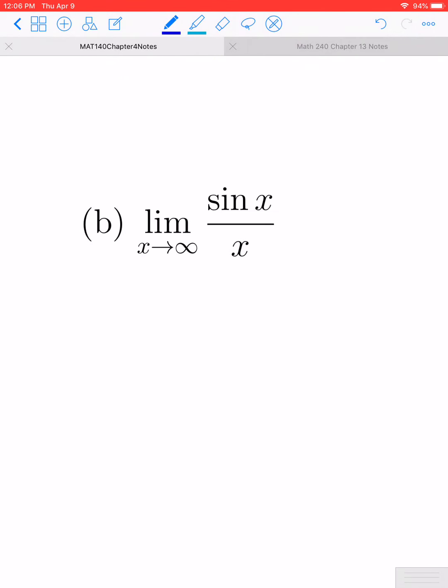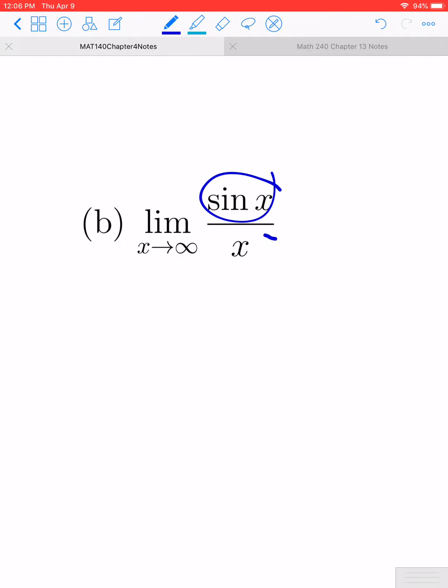Something that's closely related to it is the limit as x approaches infinity of sine x divided by x. If we wanted to get a qualitative feel for what might happen here, you could certainly graph this. But if we think about what happens when x approaches infinity, sine of x, yes, it's true that it's going to be oscillating between -1 and 1.